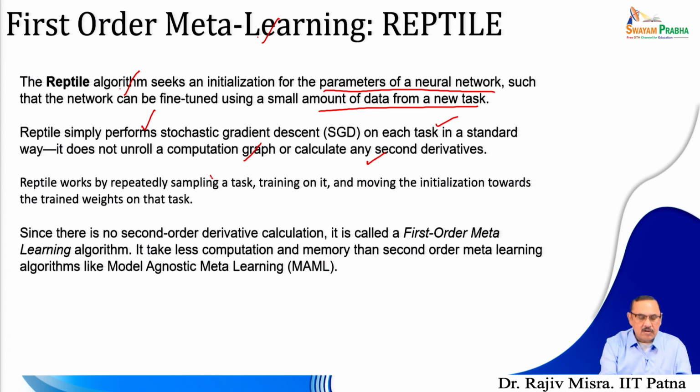This algorithm works by repeatedly sampling a task, training on it, and moving the initialization towards the trained weights on that particular task. Since no second order derivative calculation is needed, it is called a first order meta learning algorithm. It takes less computation and memory than second order meta learning models, that is model agnostic meta learning (MAML) methods.